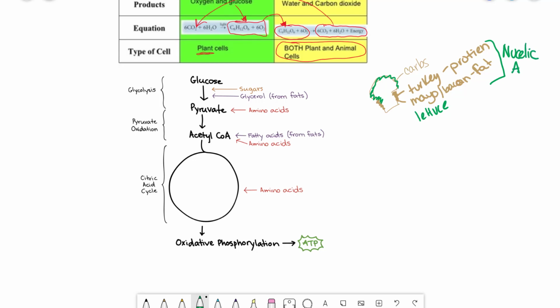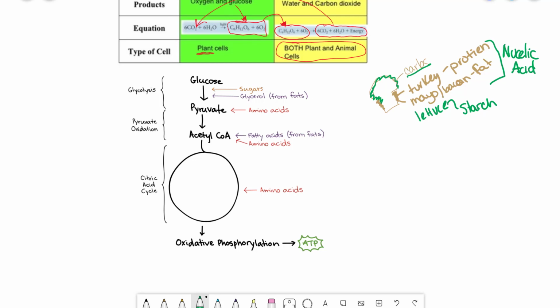The lettuce is going to be turned to a starch, and that's going to become a carb. So all the carbs are turned to sugar. You eat a piece of bread, that's going to be broken into small glucose molecules, and it will go right here into glycolysis.